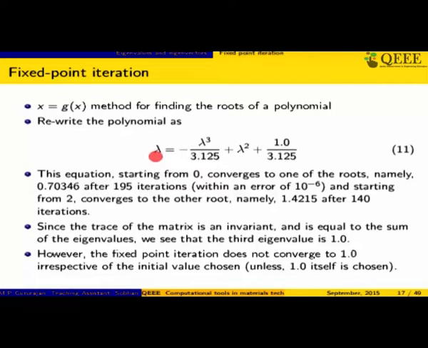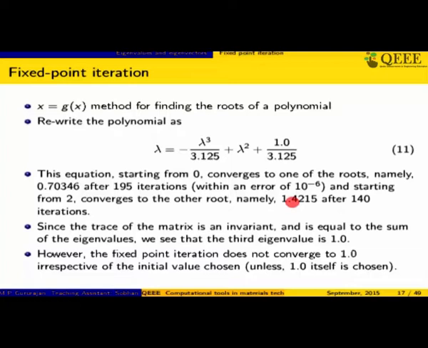If you use 1, you already get in the very first iteration the lambda value as 1. But if you take anything other than 1, even a very small deviation from 1, you take 0.98, you will still not converge to 1. You will converge to this. You take 1.01, you will converge to this value. Now this is a problem with fixed point iteration.